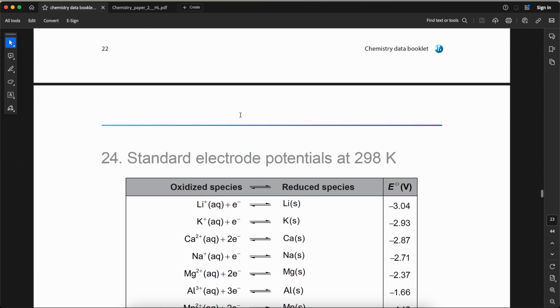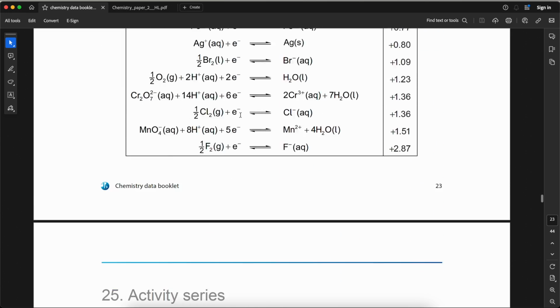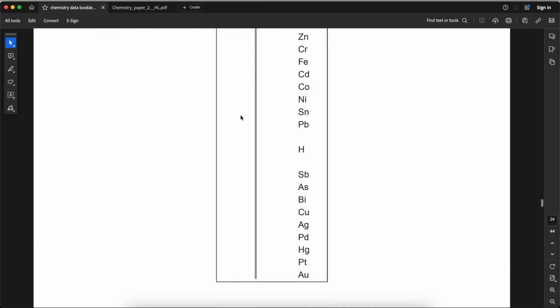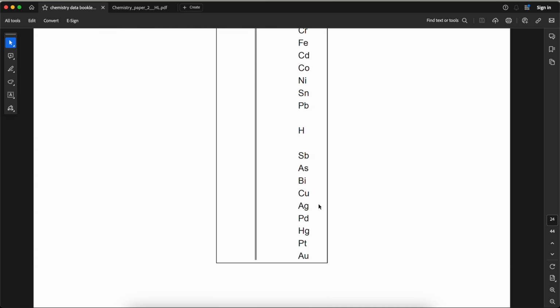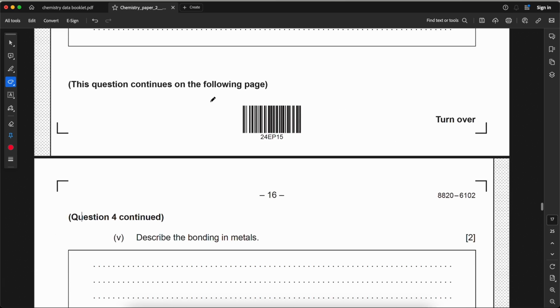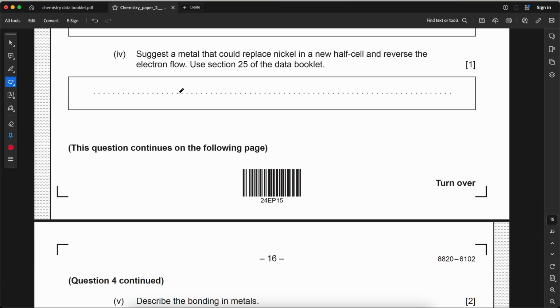So from this, for example, Cu, copper, silver, or platinum, or gold, that could be the answer. So it could be Cu, or Ag, or Pd, or Hg, or Pt, platinum, or Au, as long as it's less reactive than Pb.